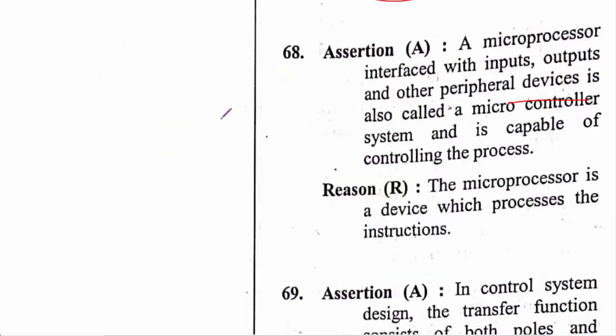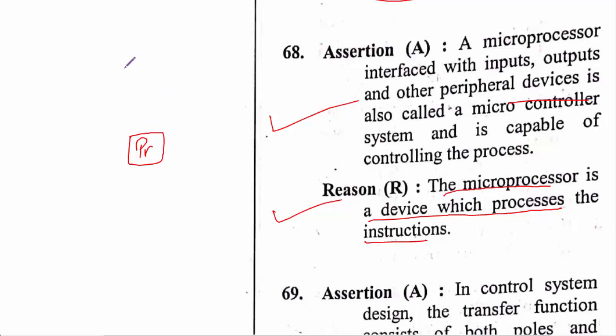68th question. A microprocessor interfaced with inputs, outputs and other peripheral devices is also called a microcomputer system and is capable of controlling the process. This is a true statement. The microprocessor is a device which processes the instruction. Even this statement is also correct. Nothing but you will be having a processor over here.